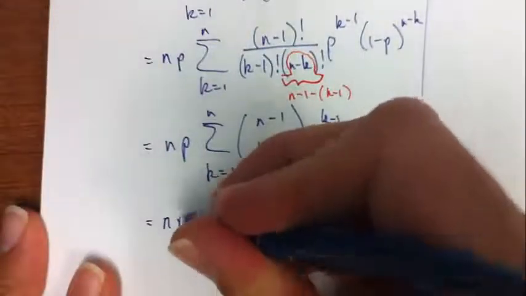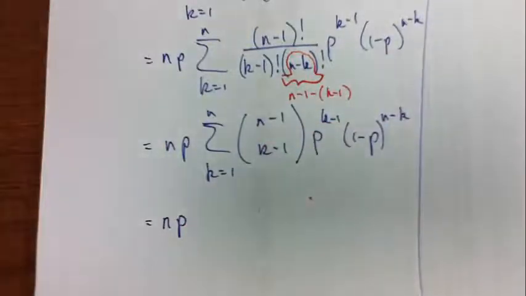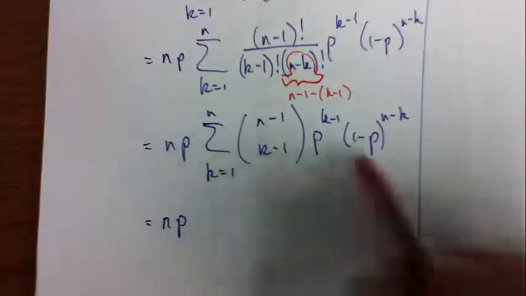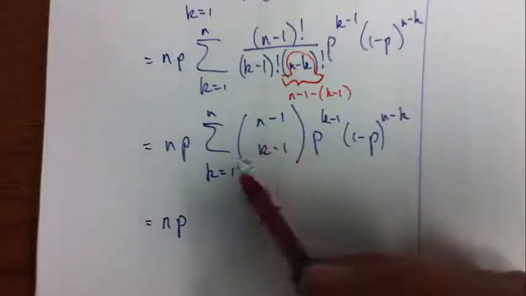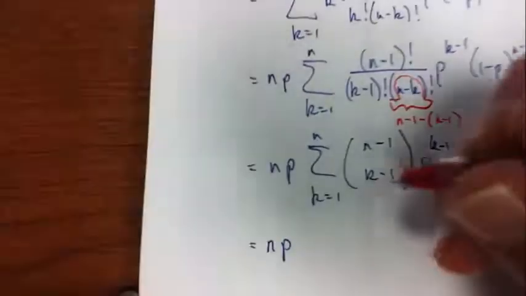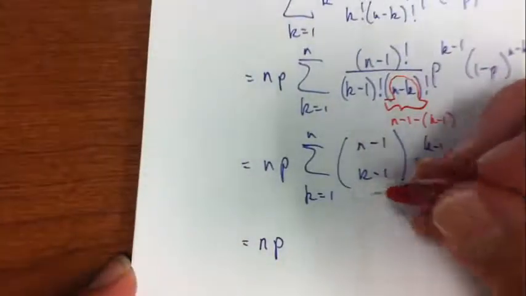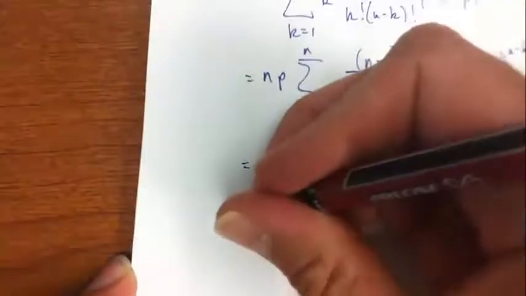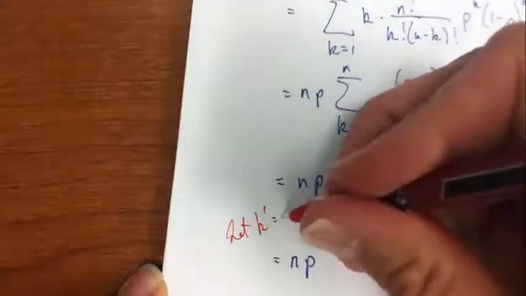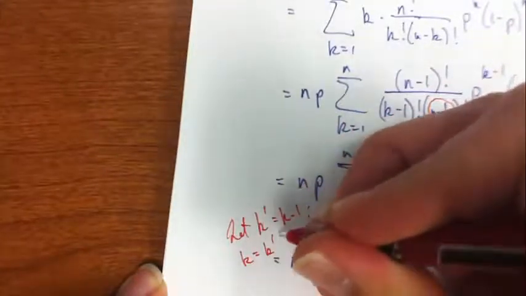But before we just jump right to that, I'm going to play a little trick here. This is a common thing when you're dealing with sums, to change the dummy variable, change the index, to be something more convenient. What I might do is let k prime be equal to k minus 1, and so that means that k equals k prime plus 1.